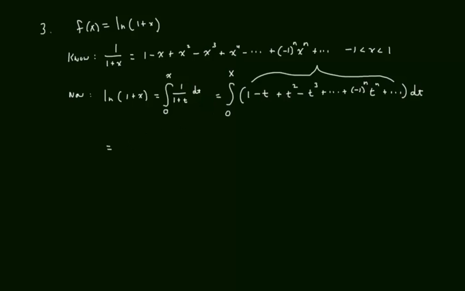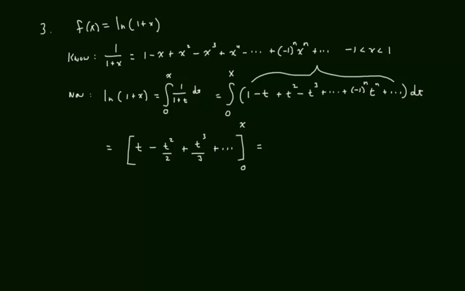So the antiderivative of 1 is t, and the antiderivative of t is t squared over 2, plus t to the 3rd over 3 plus dot dot dot. And we do that forever, and we're going to take it from 0 to x.